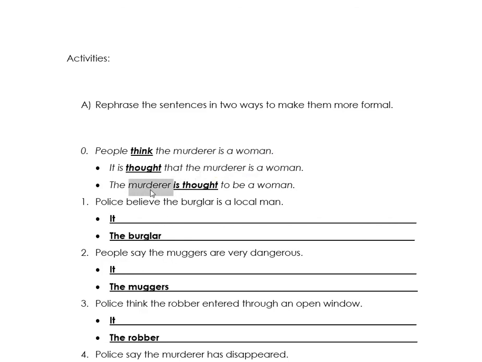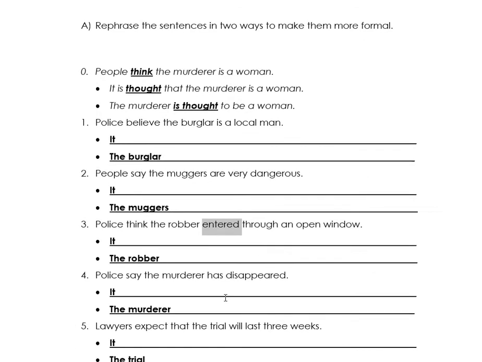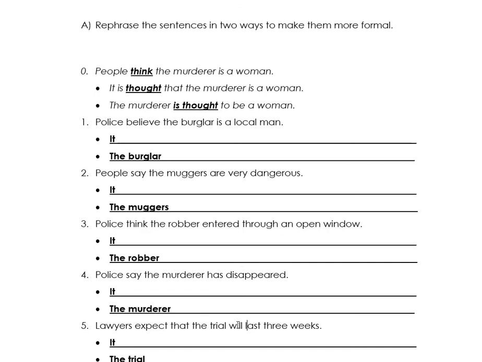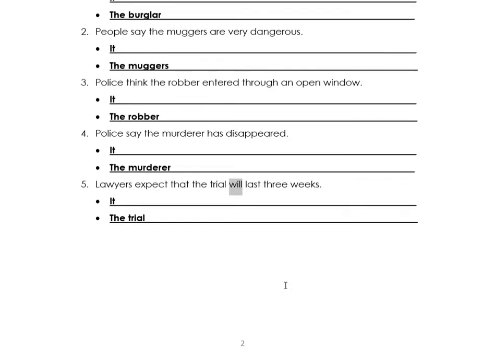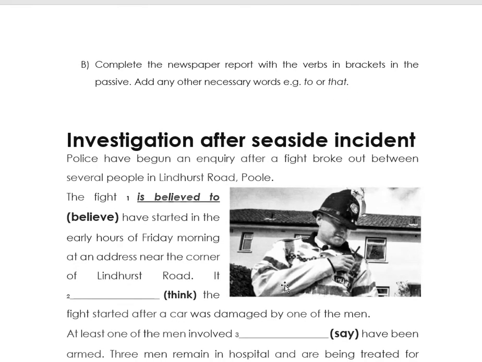If it says the murderers, los asesinos, utilizo are. Pero en este caso voy a utilizar is porque es singular. The murderer is thought to be a woman. Here we have an infinitive. También presten atención a si tenemos un presente, o algún tipo de pasado, or future.